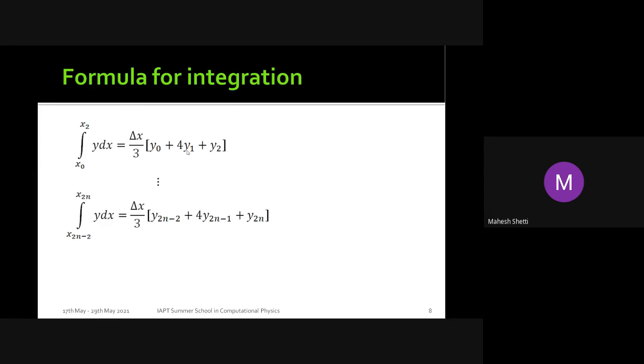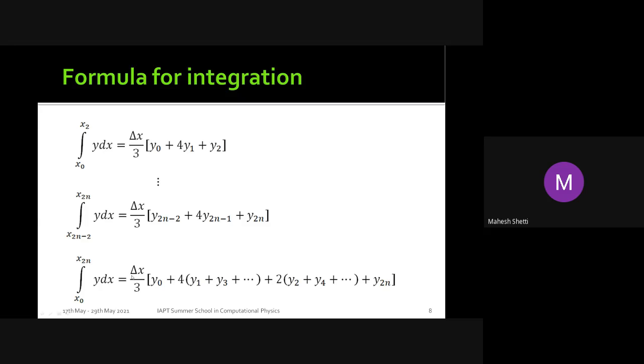All these odd numbered values are going to be multiplied by 4: in the first interval it is 4y1, in the second interval it will be y2 plus 4y3 plus y4, then y4 plus 4y5 plus y6 and so on. So all these odd terms are going to be multiplied by 4. And the even terms, you see y2 comes, and in the next interval again y2 comes. So all intermediate even terms will be multiplied by 2. And when you do all this, what you get is this.